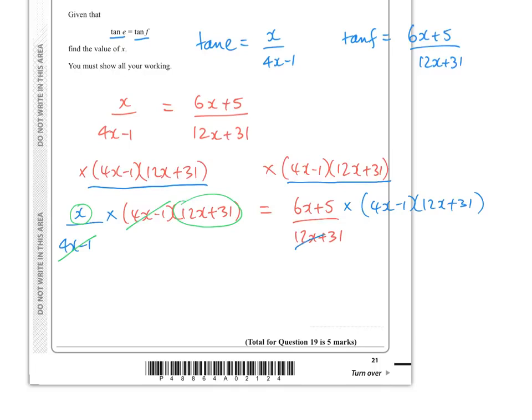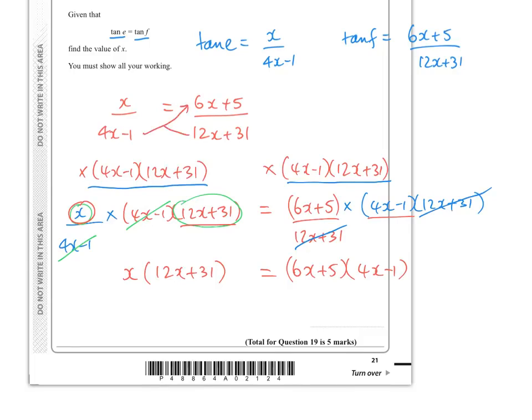This one cancels. Okay? And that's why when you write out what you're left with, we have an x and we have 12x plus 31. That's equal to 6x plus 5 times 4x minus 1.